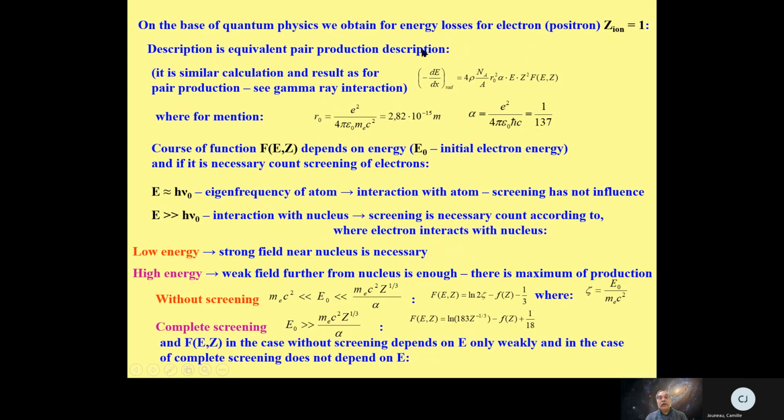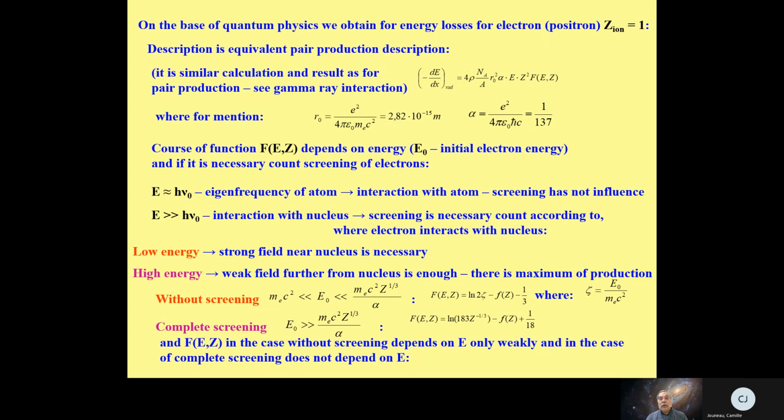It is from this point of view because, you know, pair production is that you have a field around atomic nuclei, and in this field you have quantum production of a pair of proton and electron. And here you have an electron which is running, and you have quantum production of a photon.